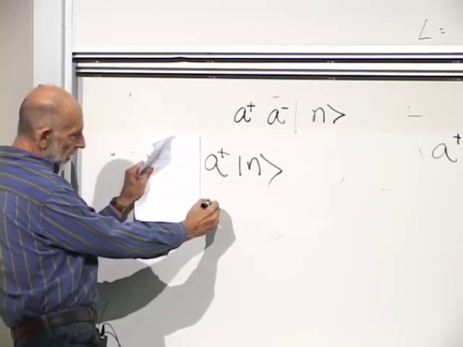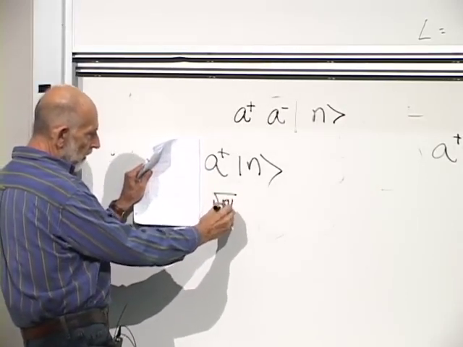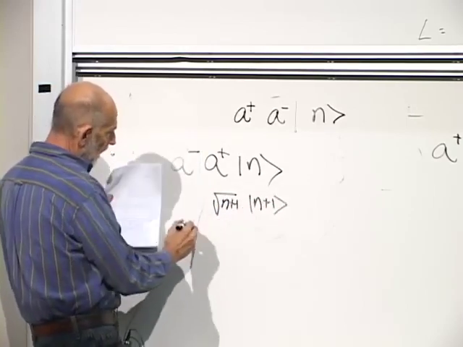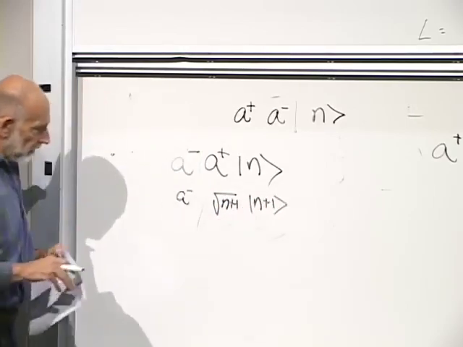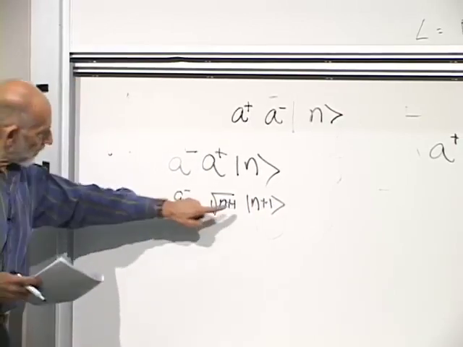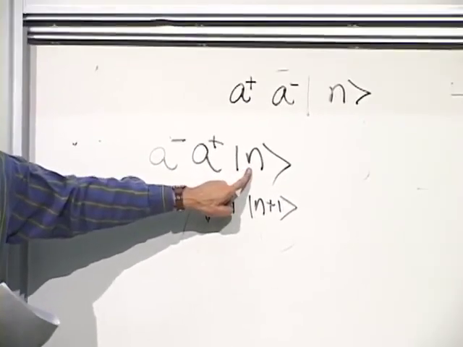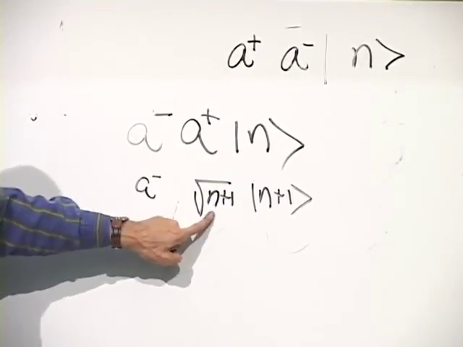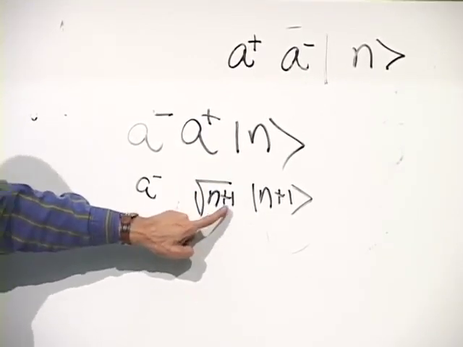So what does a plus give? This gives square root of n plus 1 times n plus 1, right? And now let's multiply that by a minus. A minus will bring you back down to n, but it will give you another factor of square root of n plus 1. Right?